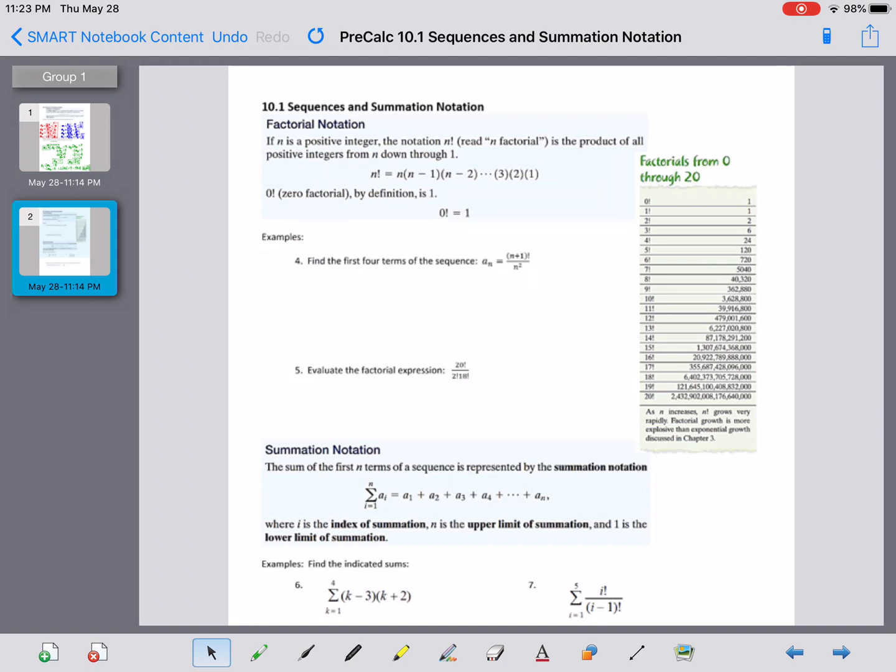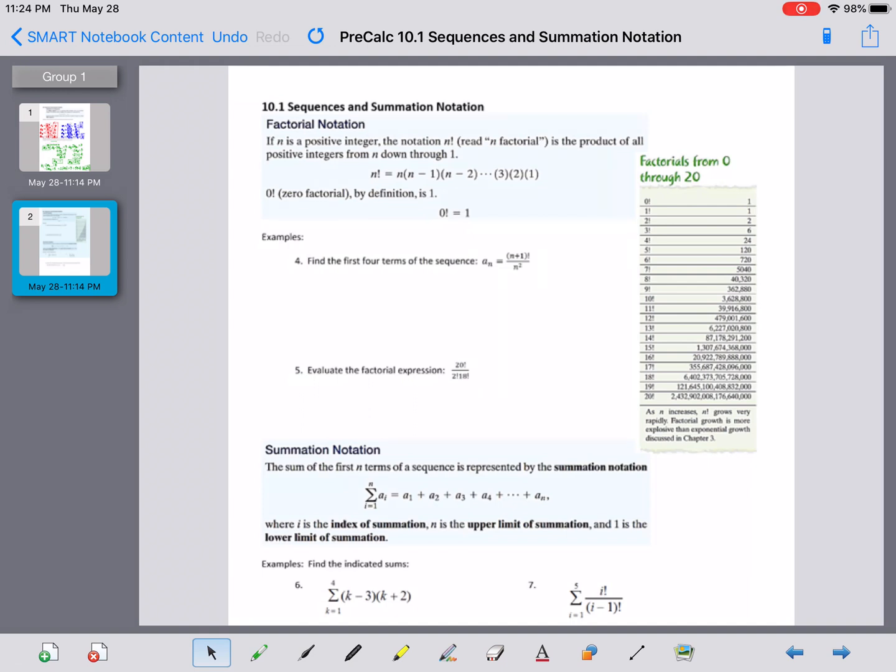So if n was 25, you do 25 times 24 times 23 times 22, and so on, down to 5 times 4 times 3 times 2 times 1, and we always stop at 1.